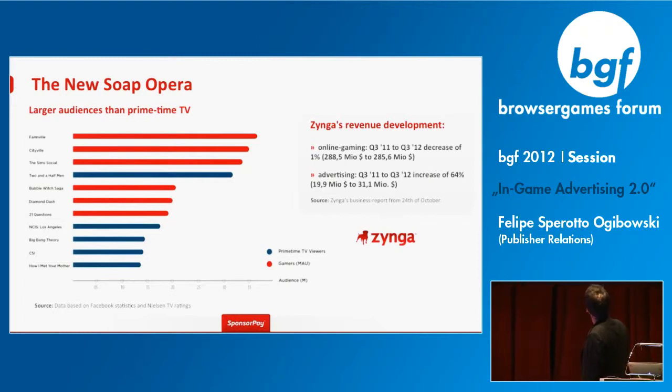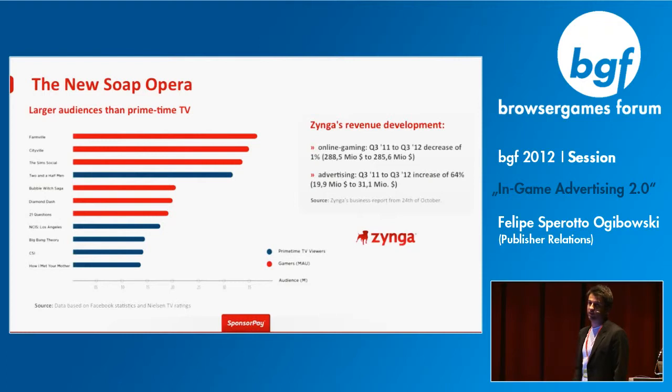And here is just some Zynga revenue development. I talked about the 90% versus 10%. Zynga, being one of the biggest gaming companies out there, still has problems monetizing their users.